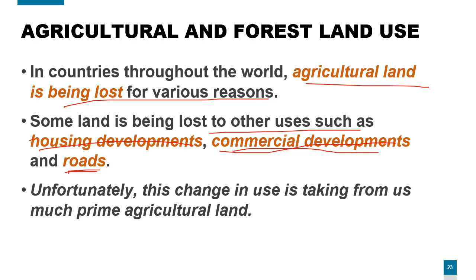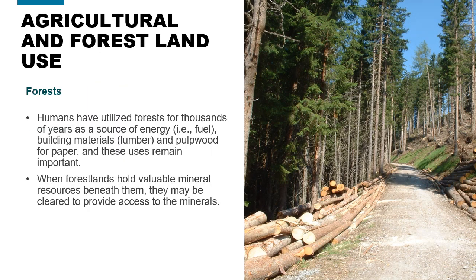So, unfortunately, this change is taking from us much prime agricultural land. So that is true. So instead na yung mga lands natin for agricultural purposes is na-maintain, it is being converted to these kinds of developments, di ba? And this addresses the issues of overpopulation kasi. And for the economic developments na din. So we have here the forest land.